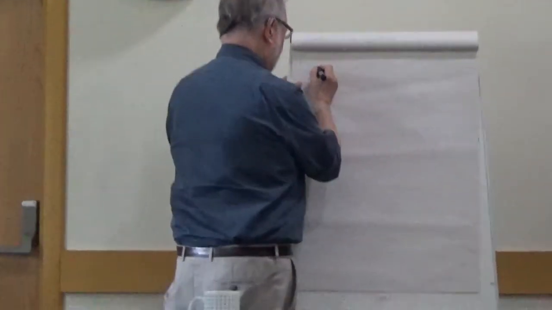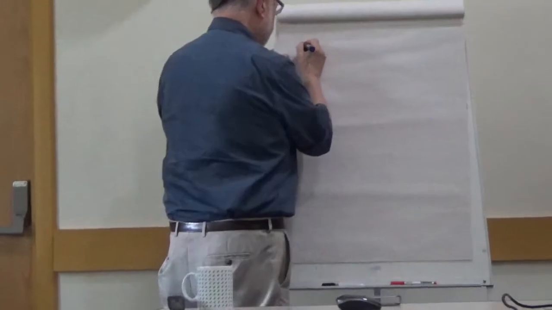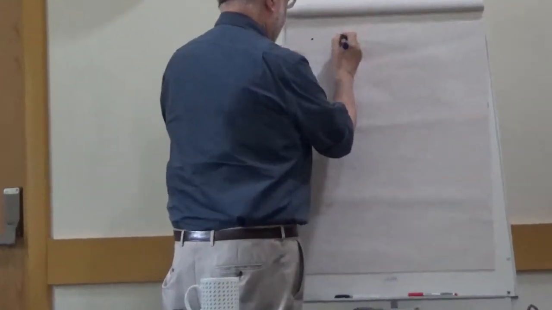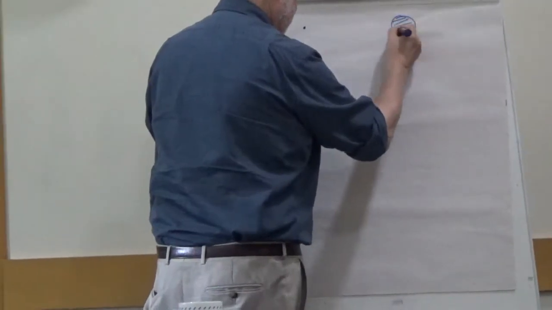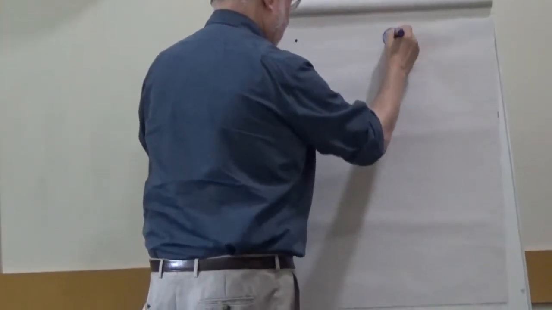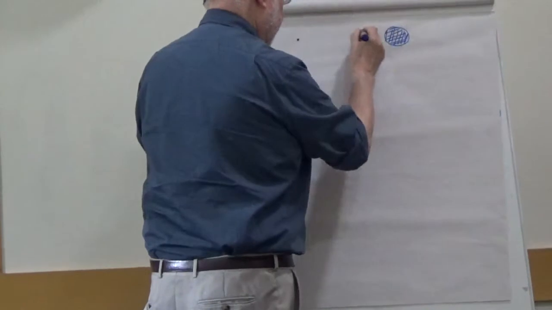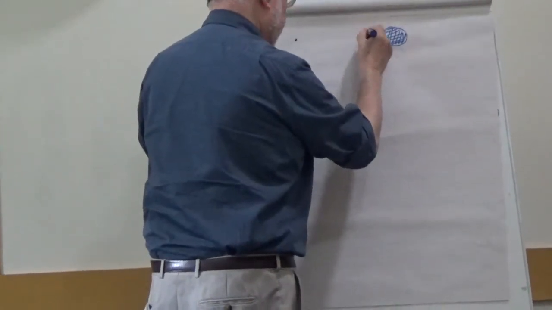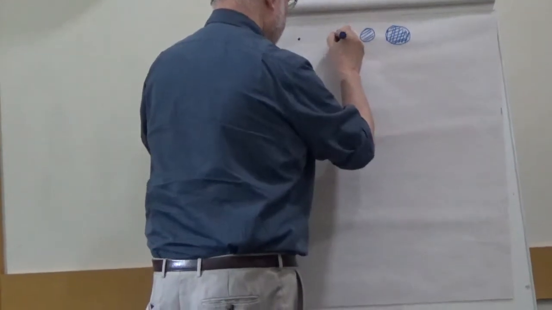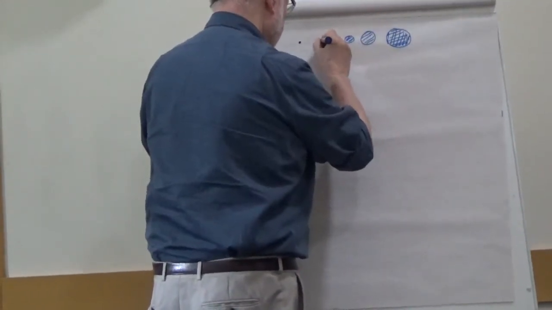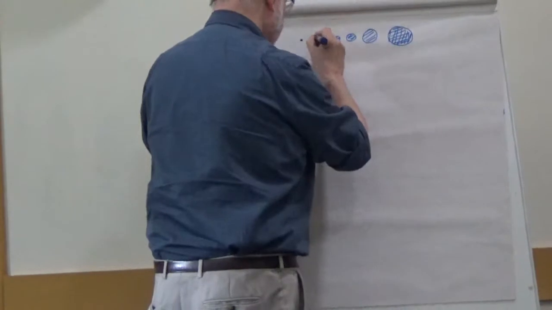First I give you a topological example. Here's a point, and here is a disk. And here's a slightly smaller disk, and yet a smaller disk, and yet a smaller disk.